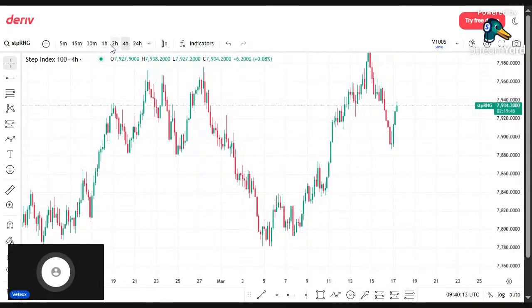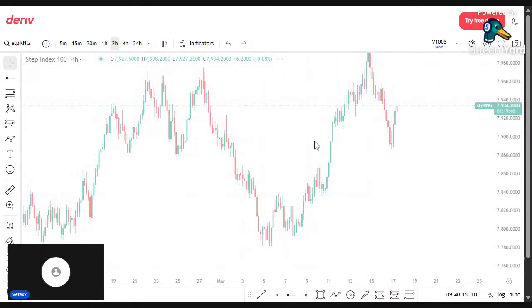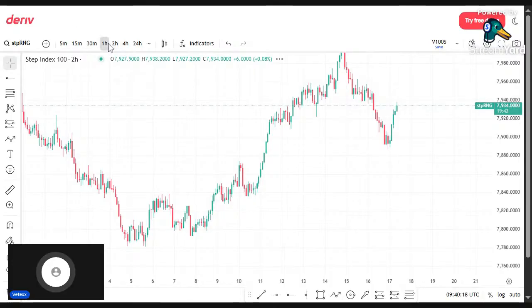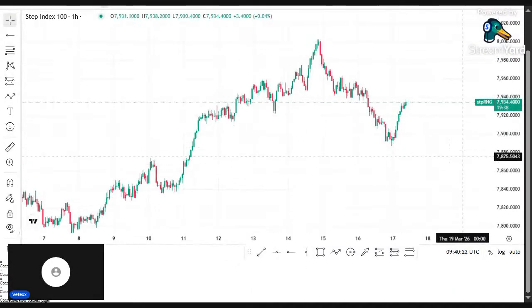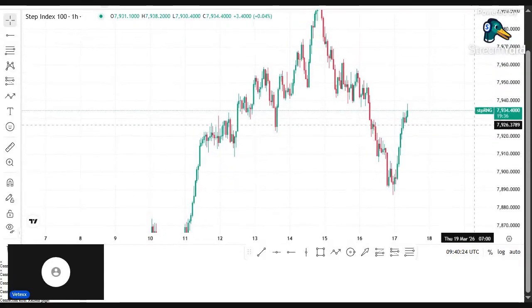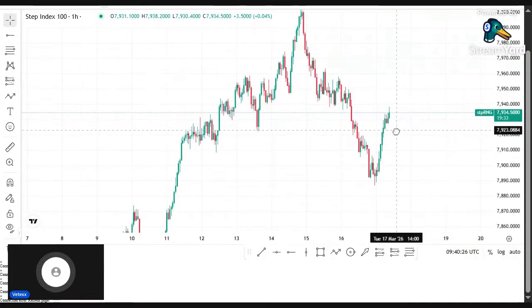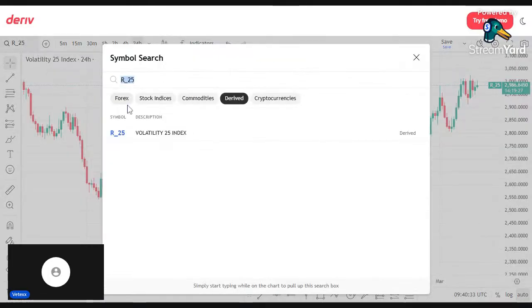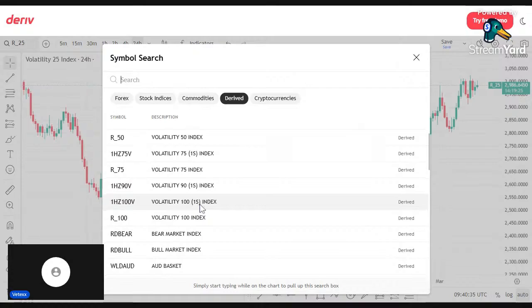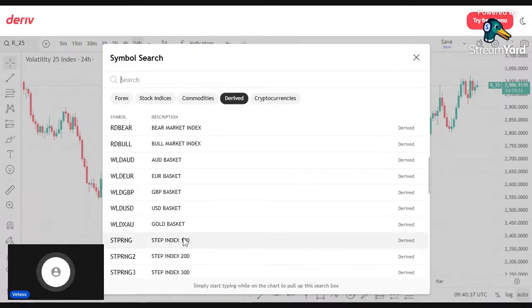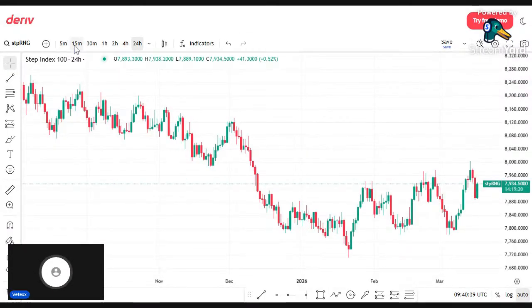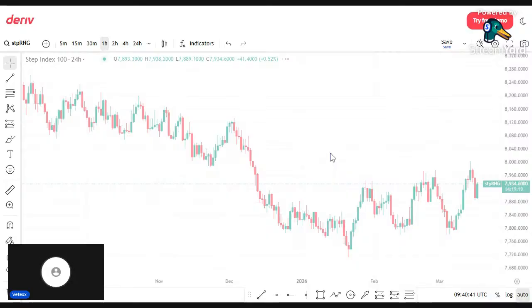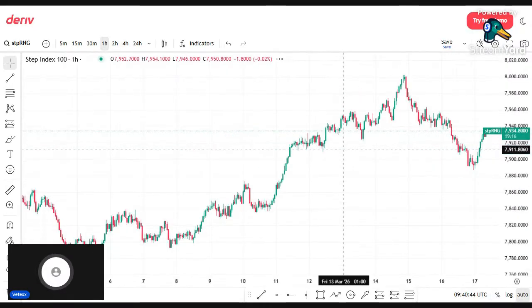On the 2-hour time frame, what do we have? Nothing. On the 1-hour time frame, we still don't have a structure. So on step 100, there is nothing happening at the moment, because if there is a structure, it will be very much visible.